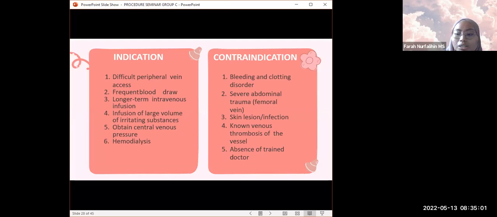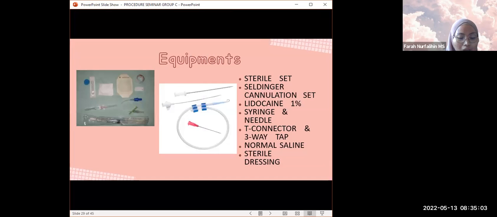Okay, so as for the equipment, before starting the procedure, we must explain the procedure to the patient and the parents and obtain verbal consent. The equipment that will be needed is a sterile set, Seldinger cannulation set, lidocaine, syringe, needle, normal saline, and sterile dressing.